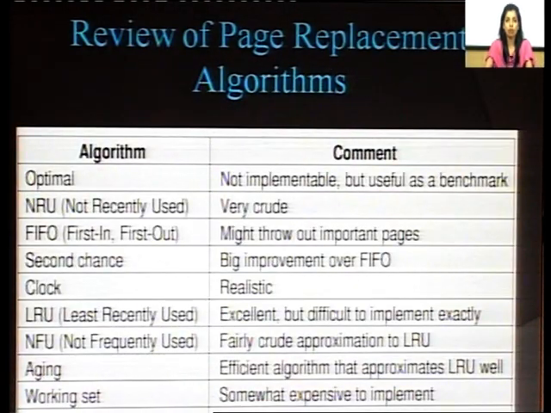So this is the overall summary of page replacement algorithms. Optimal algorithm: not implementable but useful as a benchmark. Not recently used algorithm is very crude. First in first out might throw out important pages. Second chance is a big improvement over FIFO.